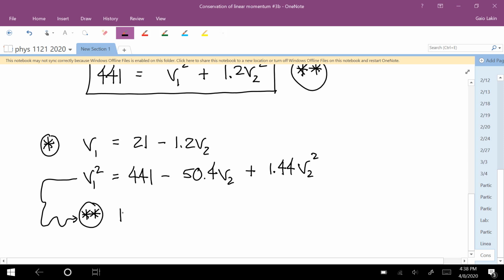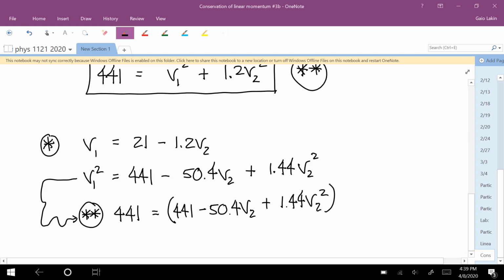So we get 441 is equal to, now I'm substituting this right-hand side of the equation for V1 squared, 441 minus 50.4 V2 plus 1.44 V2 squared.